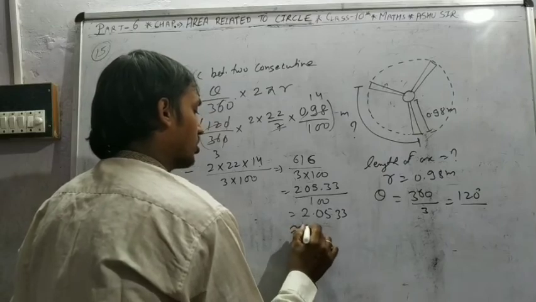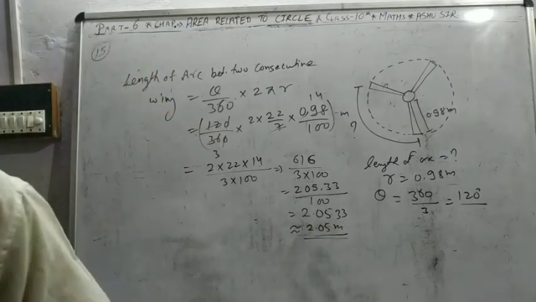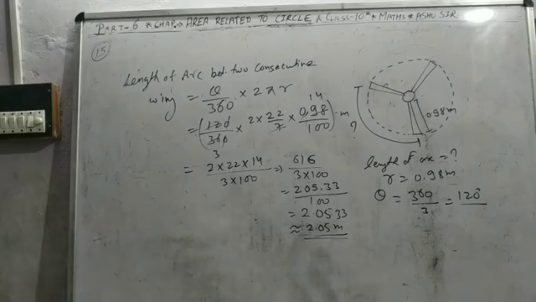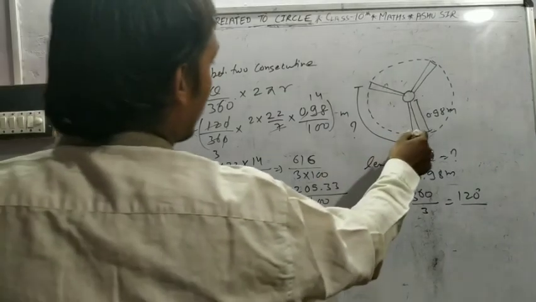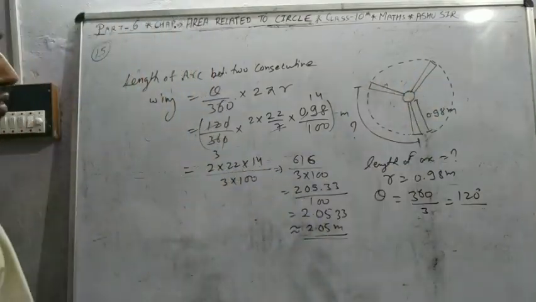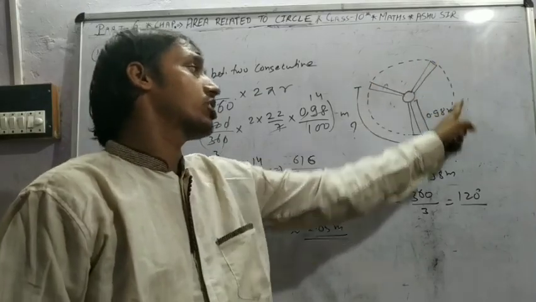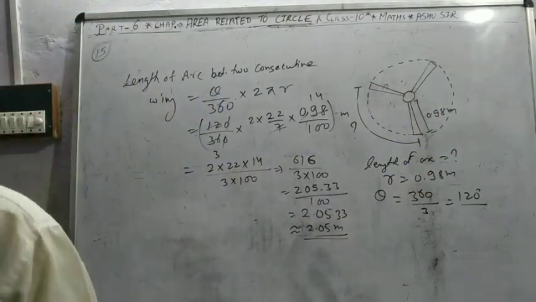So approximately 2.05 meter is the length of the arc between two consecutive wings. Means from this to this is 2.05, this also is the same length. Pause the video, note down.